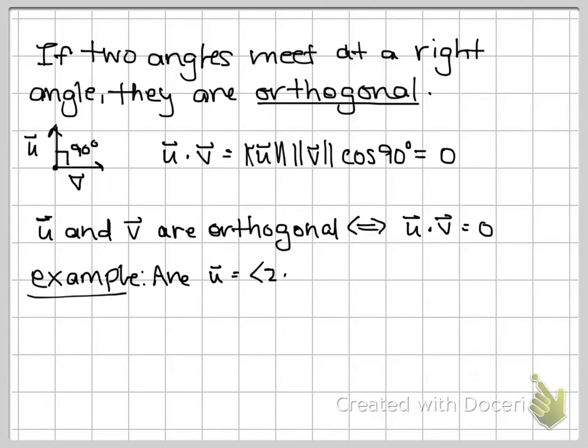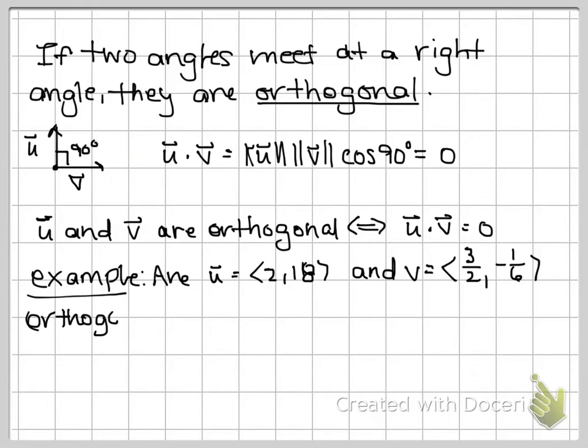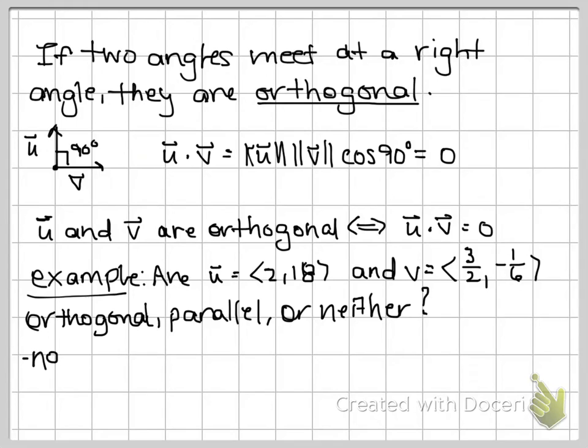So for example, let's decide if the vectors u = <2, 18> and v = <3/2, -1/6> are orthogonal, parallel, or neither. So remember, to be parallel, the vectors have to be a scalar multiple of each other. So is there a scalar that you can multiply v by to get u?